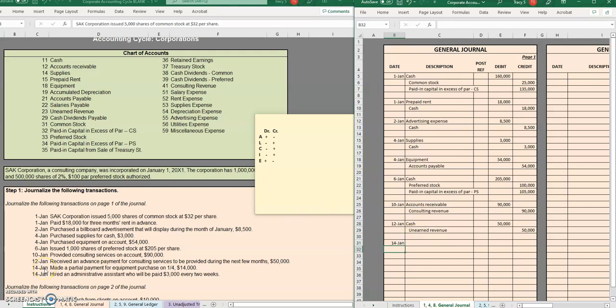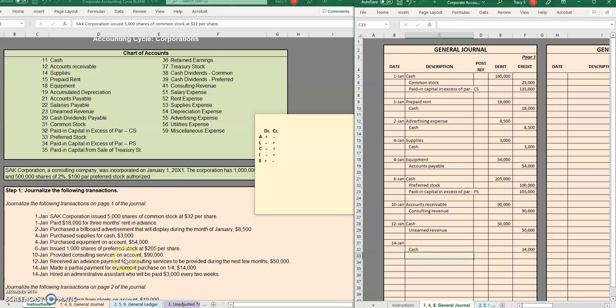All right, January 14th, we made a partial payment for the equipment purchased on the 4th, $14,000. So we know that we made a payment, so we know that cash is going down. So let's start with that. Next, think to yourself, what would be our debit for the 14th?